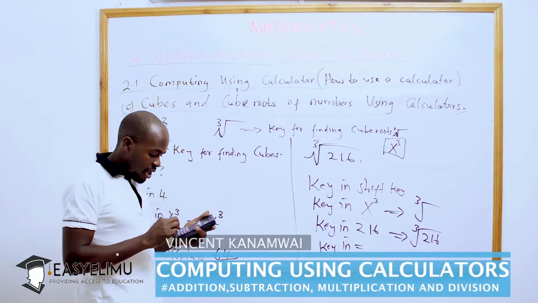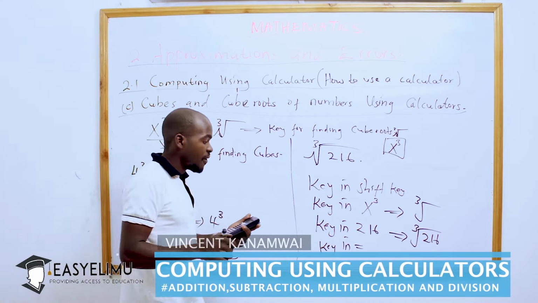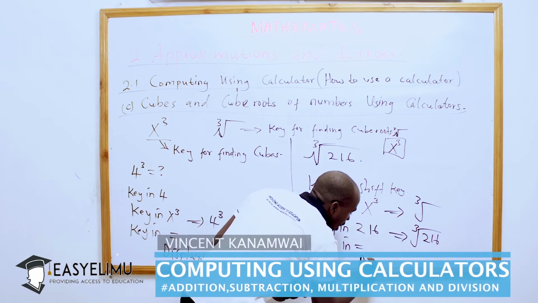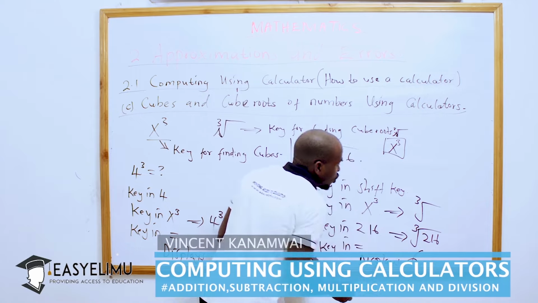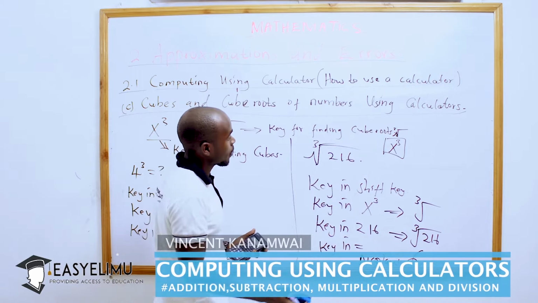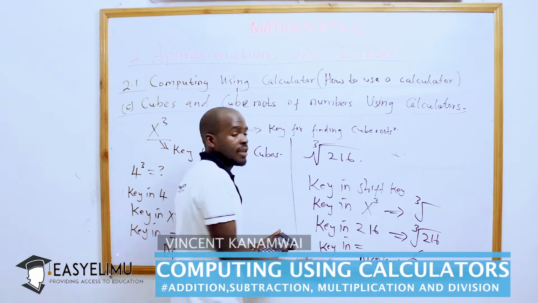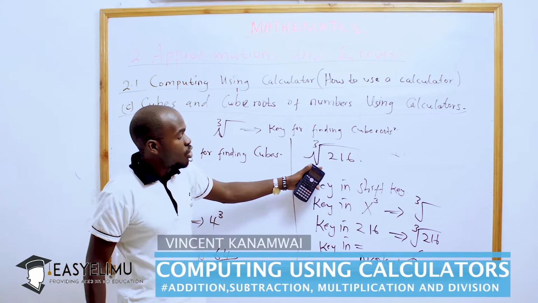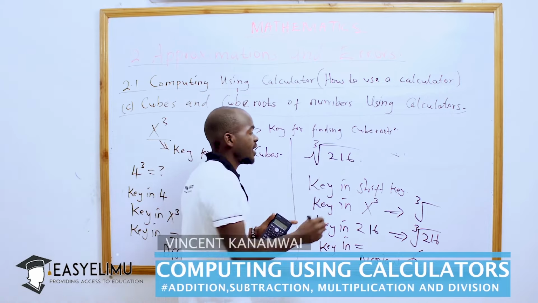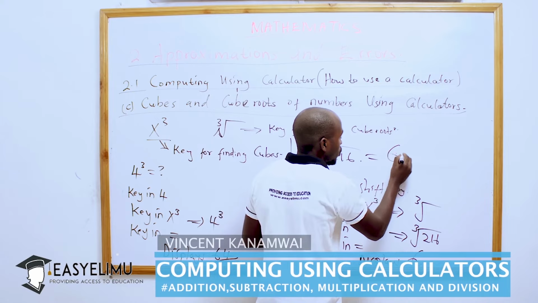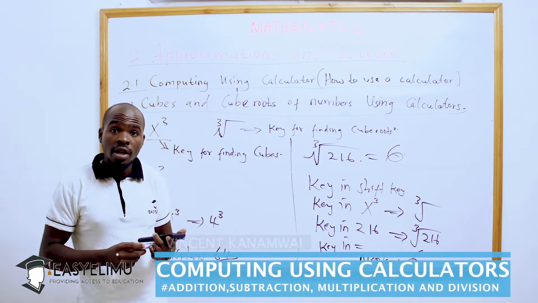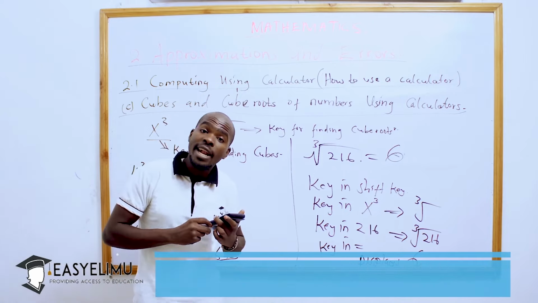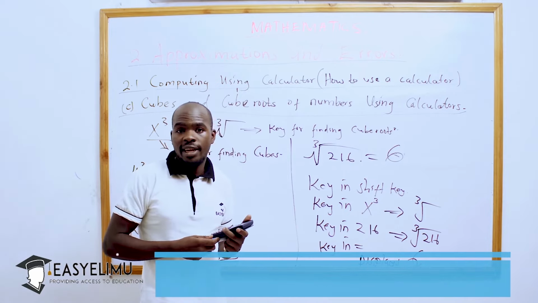And if you key in the equal sign, you will find the screen displays 6. So that means that the cube root of 216 is equal to 6. And that is how we can find cubes and cube roots of given numbers using calculators.